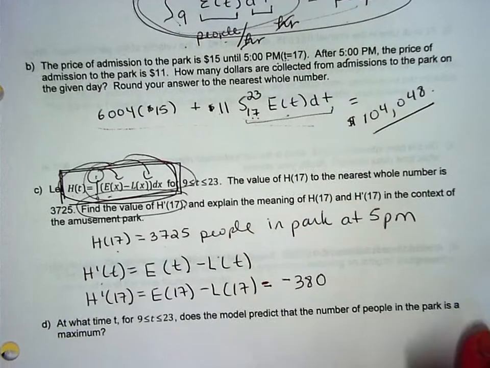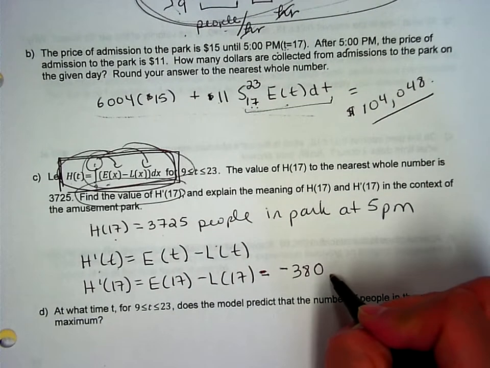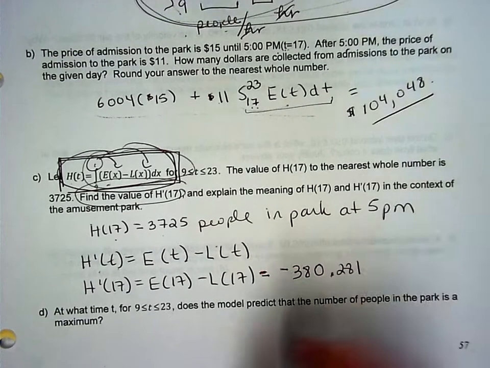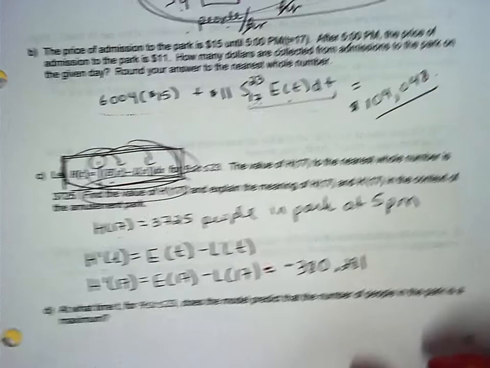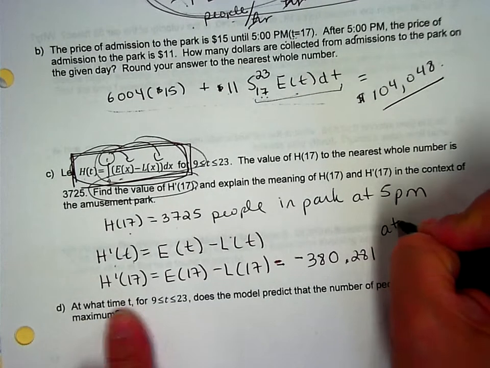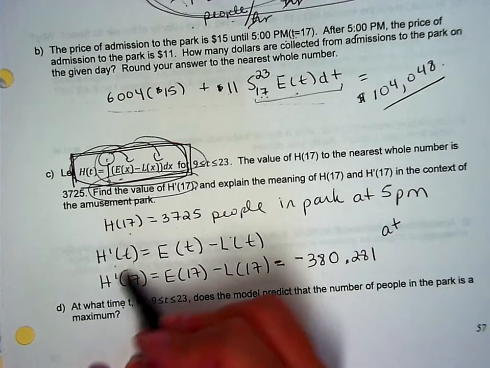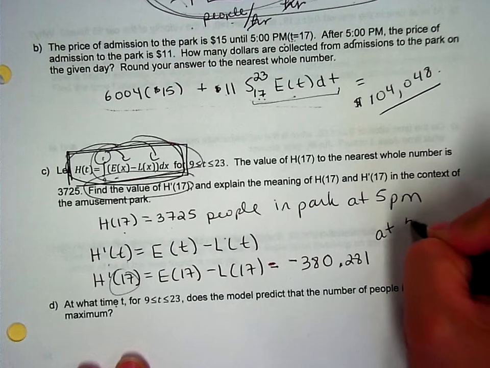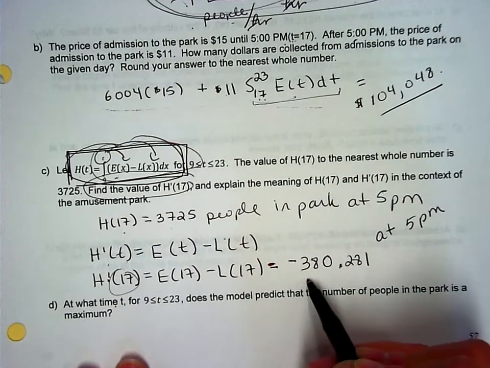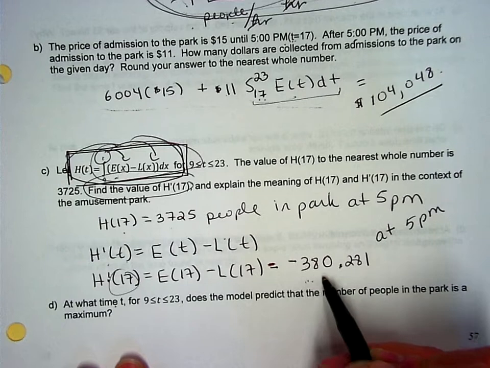And again, it says to do it in the context of the amusement park. Negative 380.281, since we're talking about people, we can round it off to the nearest whole number. So this is saying at t equals 17, which is 5 p.m., this is your rate. The units on this is going to be people per hour.